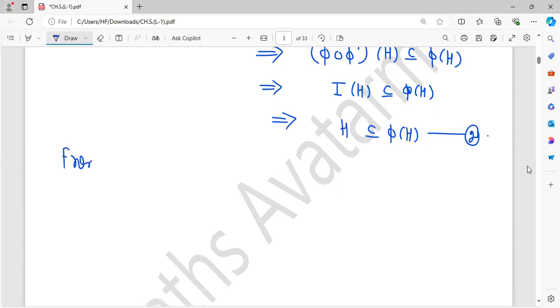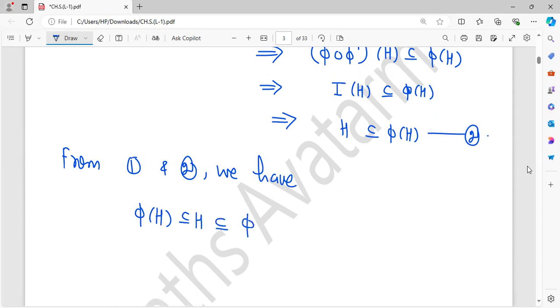From 1 and 2, we have, from 1, phi H contained in H. And from 2, this is also containing H. So phi H is contained in H and H is contained in phi H. What does it mean?